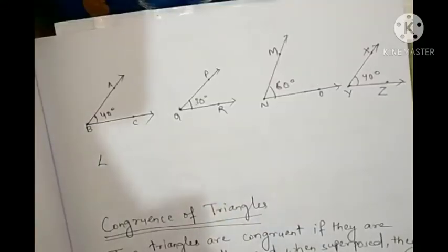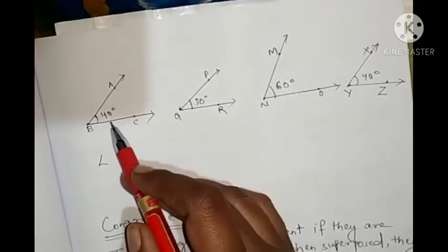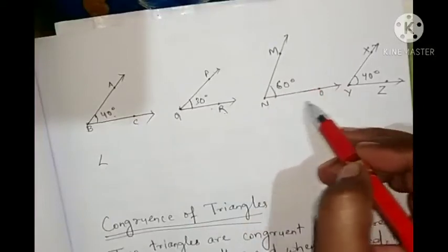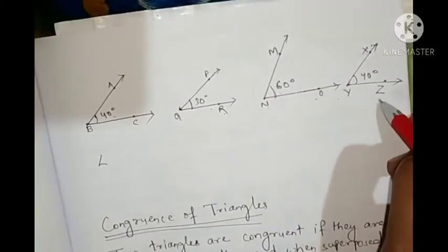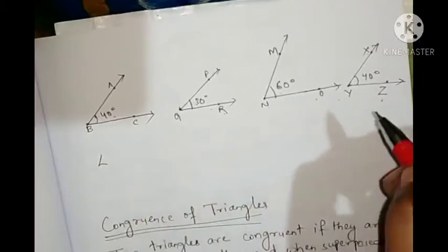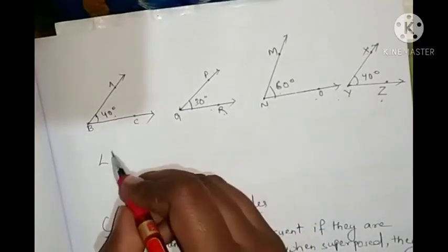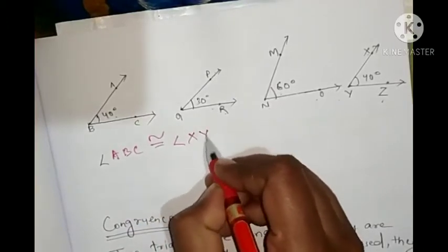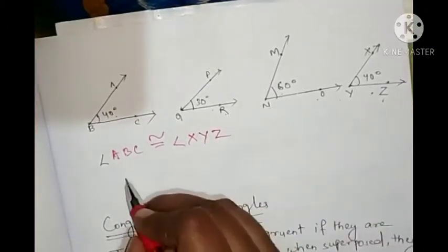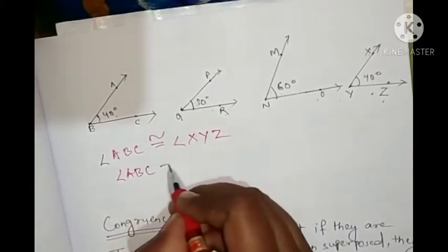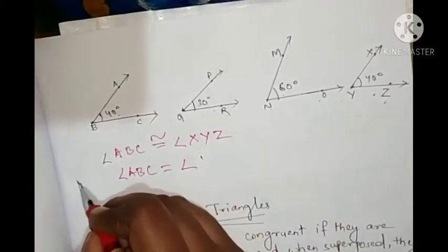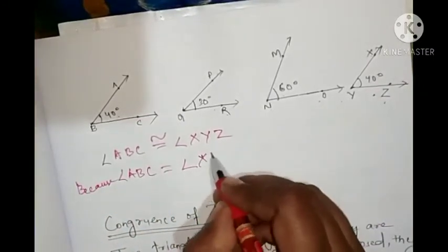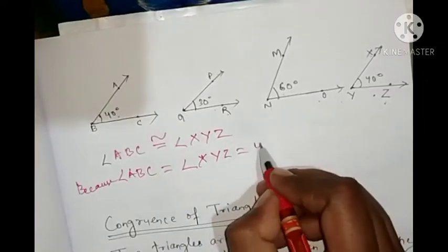Let's see. Look at here. Angle ABC is 40, angle PQR is 30, angle MNO is 60, angle XYZ is 40. So which two angles are congruent? Angle ABC is congruent to angle XYZ. Why? Because angle ABC equals angle XYZ, that is 40 degree.